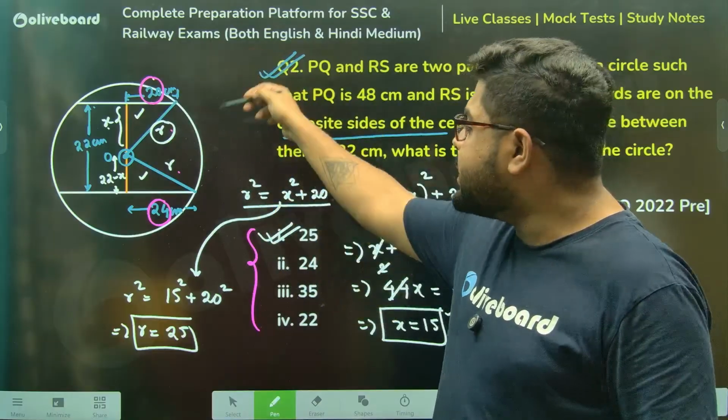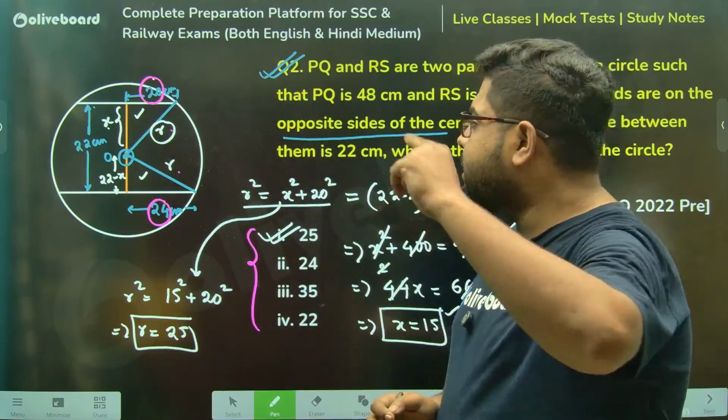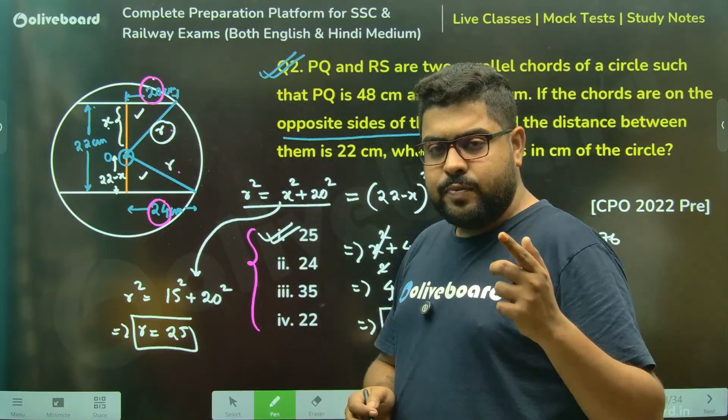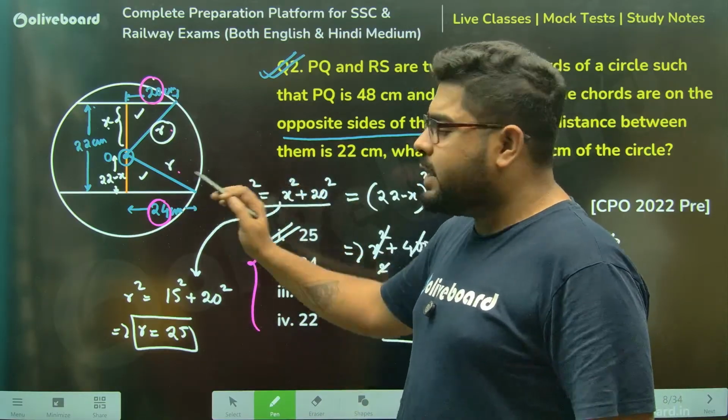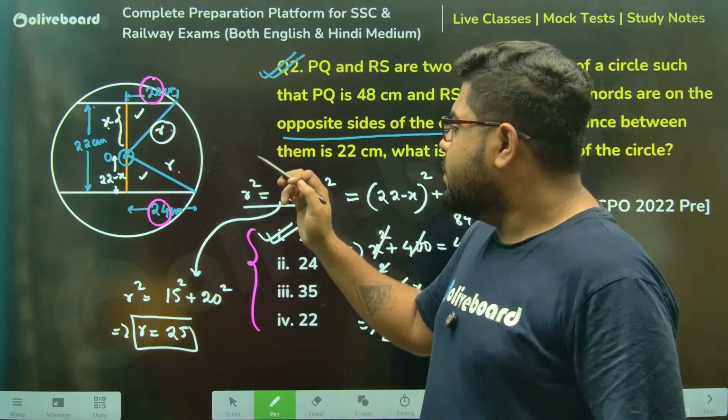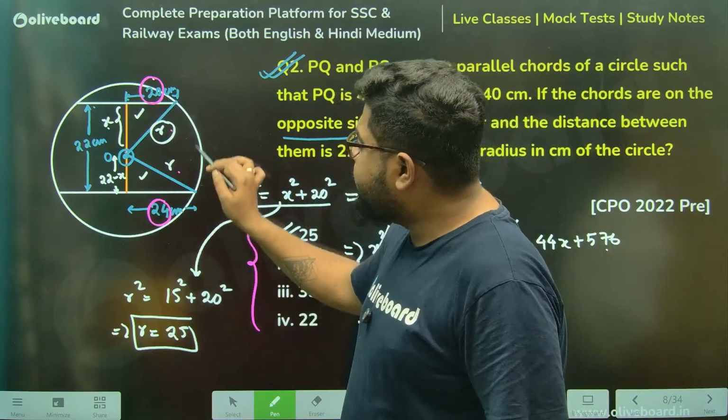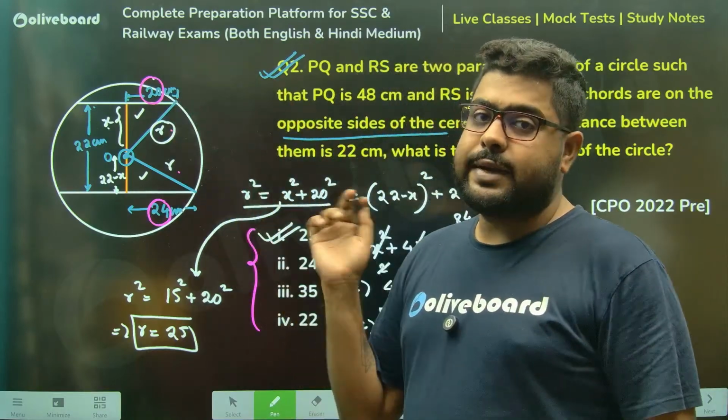Radius is the hypotenuse in the triangle, so it will be greater than 20 as well as 24. There is only one number which forms a triplet with 24 as well as 20. That is 25.